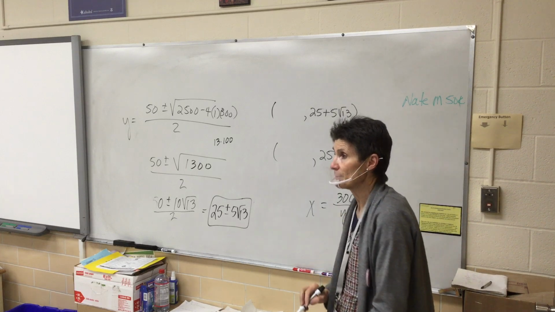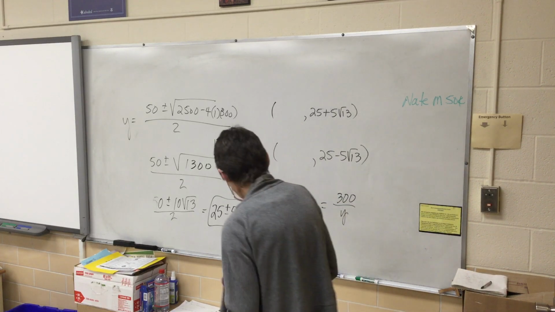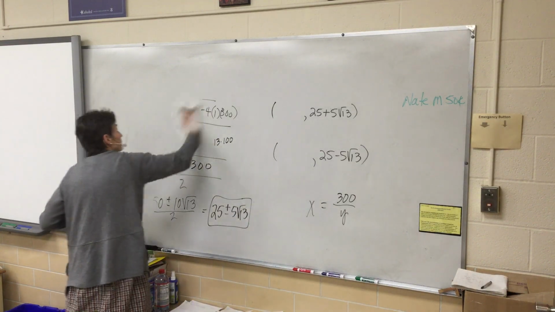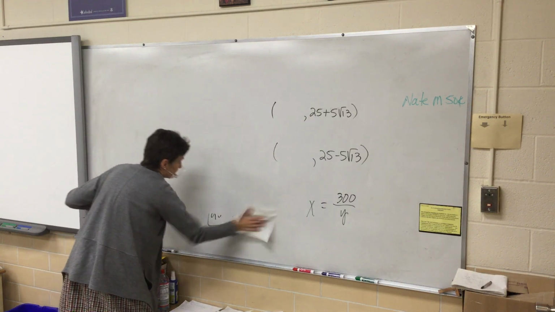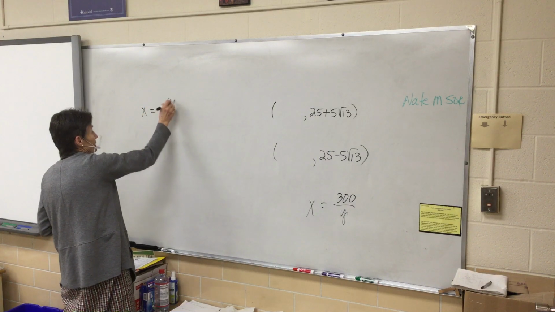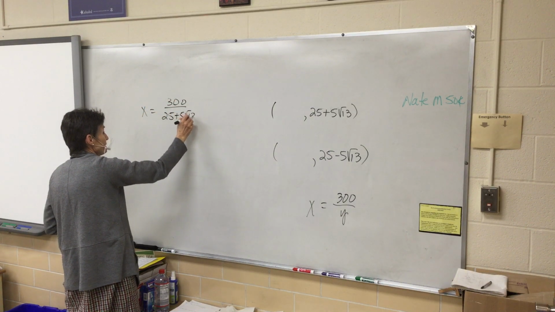That's what we said in the very beginning. So my x values are going to be 300 over 25 plus 5 root 13.